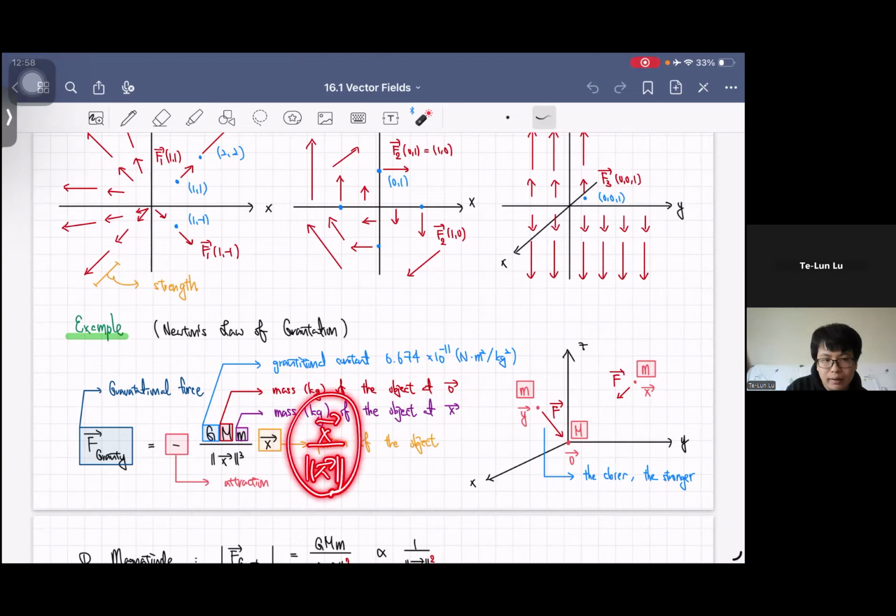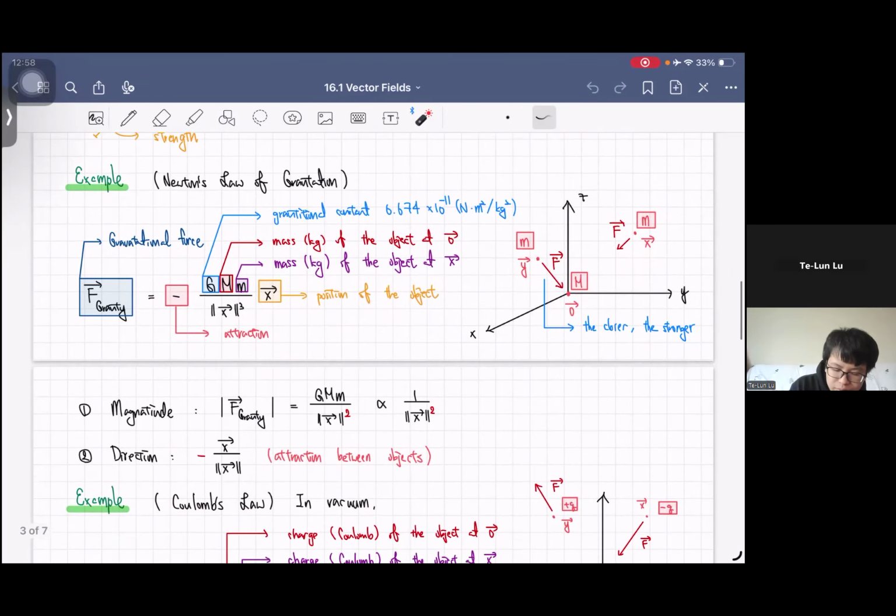We care about the direction of the force. And the negative sign here tells you that the force is actually attraction, meaning that the mass, the capital M here, is actually attracting this little m here. So that is why you have a negation here, because you're not going outside x, but going inside, minus x. Okay? So this is how the gravitational force works.